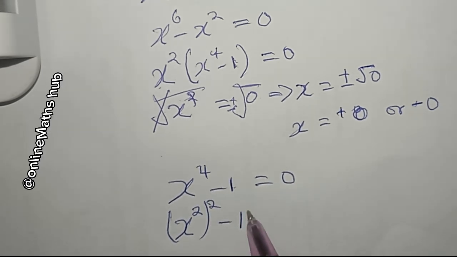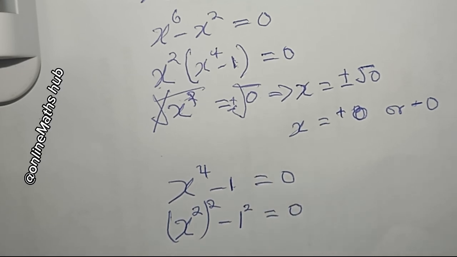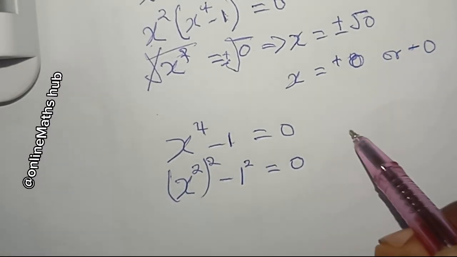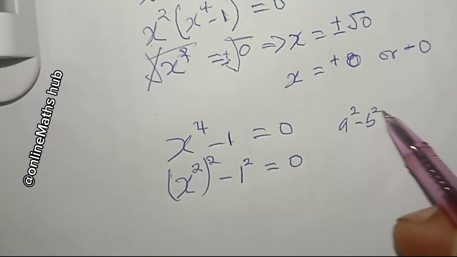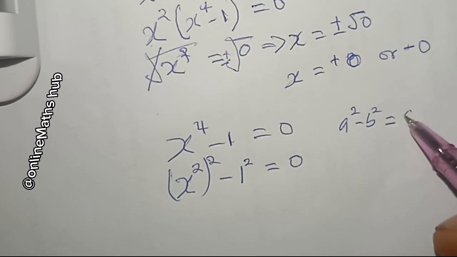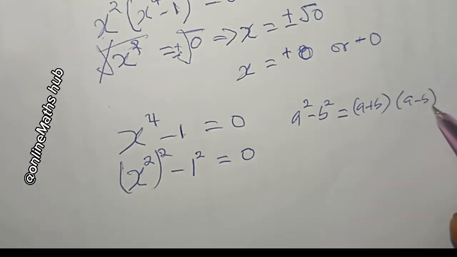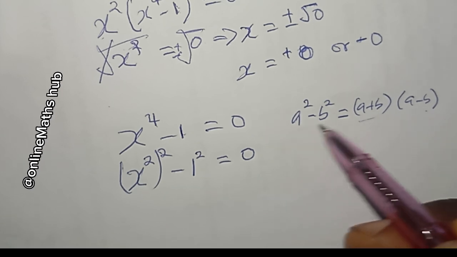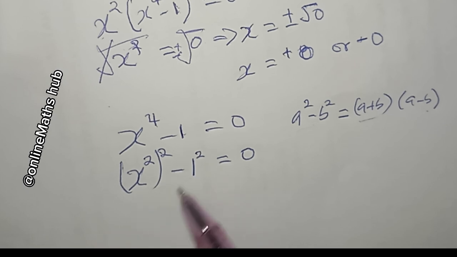We can also write 1 as 1 power 2, and it's equal to 0. Remember that when we have a power 2 minus b power 2, we can expand this to be a plus b multiplied by a minus b. When you multiply through, it gives you this one.